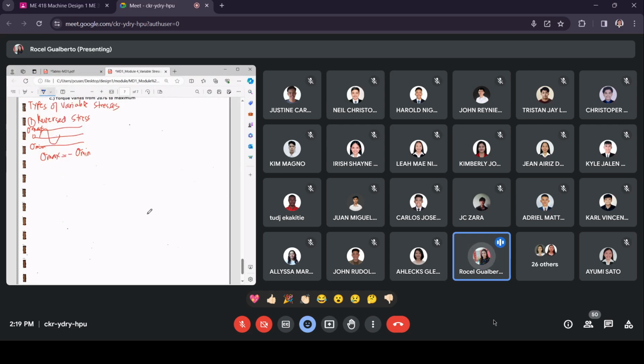So, what is the value of your sigma M? You first have the general equation: sigma M is maximum plus minimum divided by 2. Now, for sigma maximum, we replace it with negative sigma minimum: negative sigma minimum plus sigma minimum divided by 2.